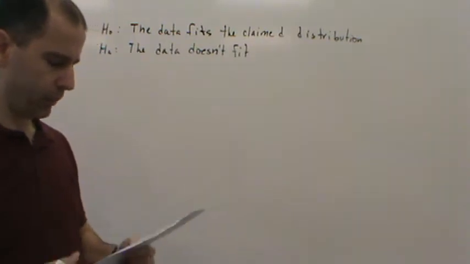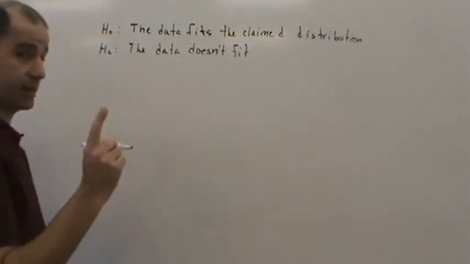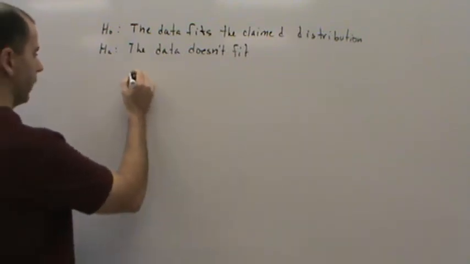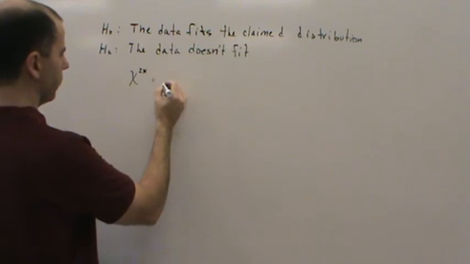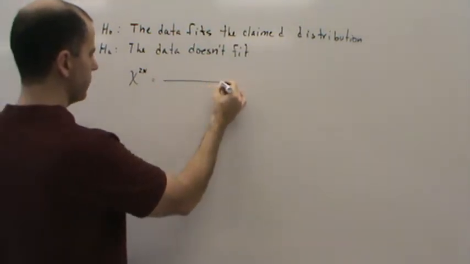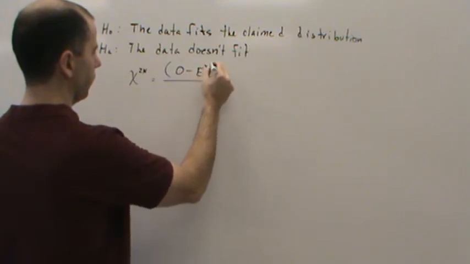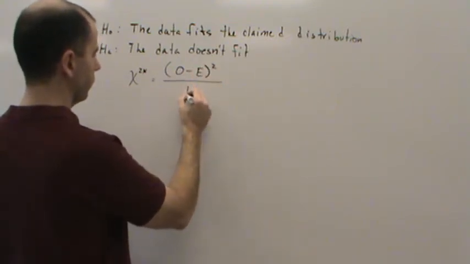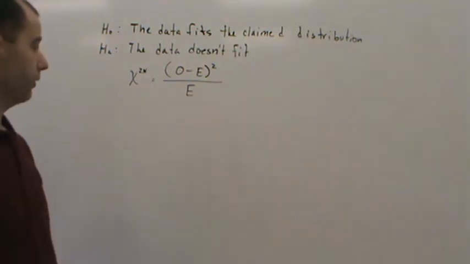Okay, so here's the test statistic that we have to calculate. It's a chi-squared test statistic, of course, and the formula is this. That's the formula.